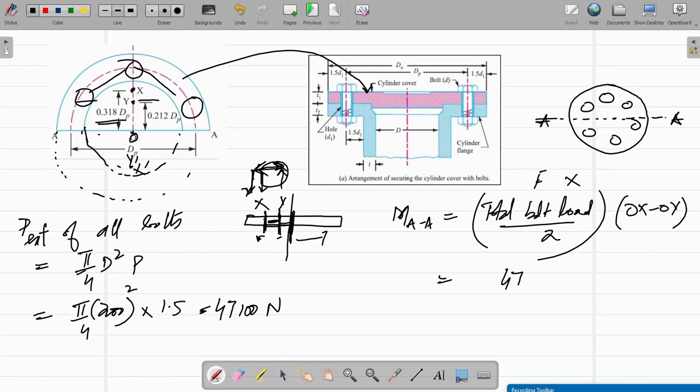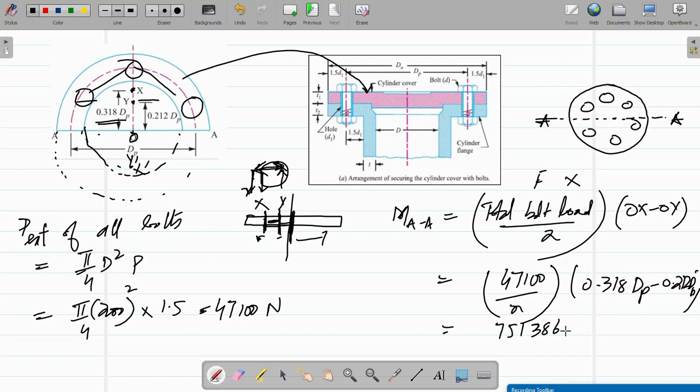So here we have 47,100 divided by 2, times OX minus OY, where OX is 0.318 dp and OY is 0.212 dp. If you put in this value, dp is known, you get an answer of 751,386.3 Newton millimeter, or 751.38 Newton meter. This is the moment that is generated because of the pressure.